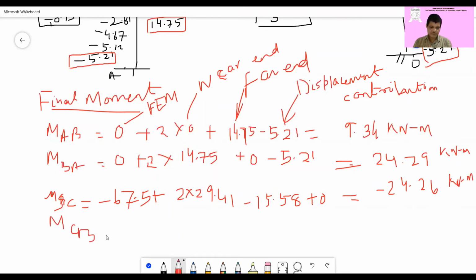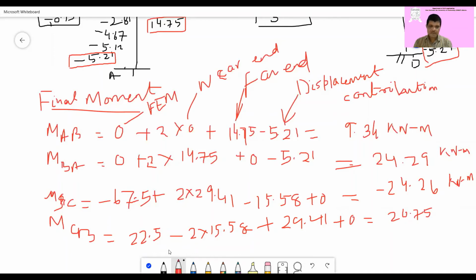And MCD will be equal to 22.5. Then minus 2 into 15.58 is the near end rotation contribution, and then plus 29.41 is the far end rotation contribution. Then 0 is the displacement contribution. It comes out to 20.75.